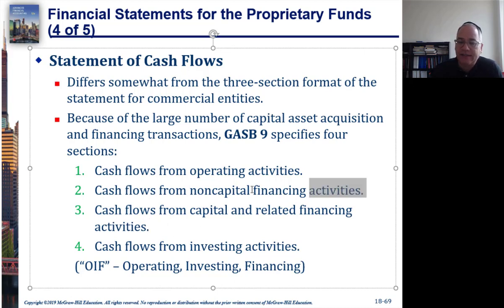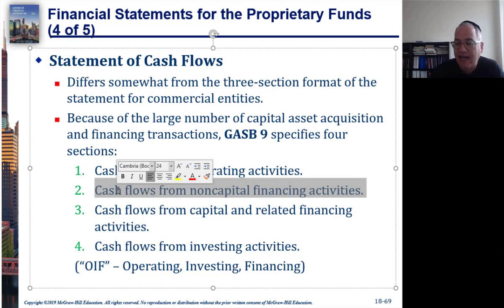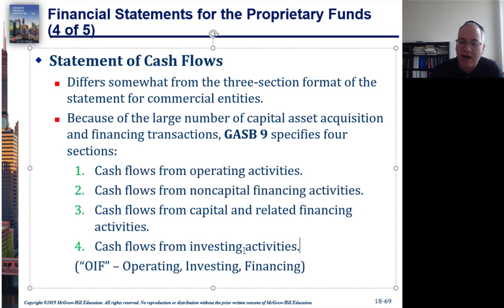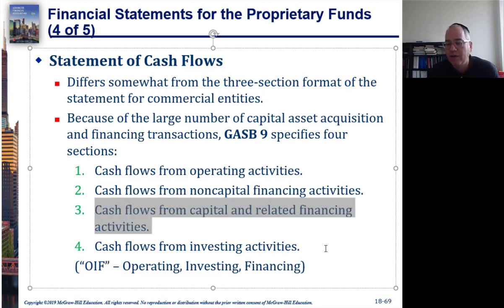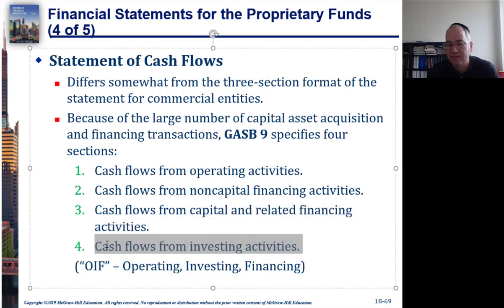And then all other financing activities would be cash flows from non-capital financing activities. And then at the bottom, you have cash flows from investing activities. I actually think that this is much more logical than the financial accounting one, because this is where the money would come from to make the investments.